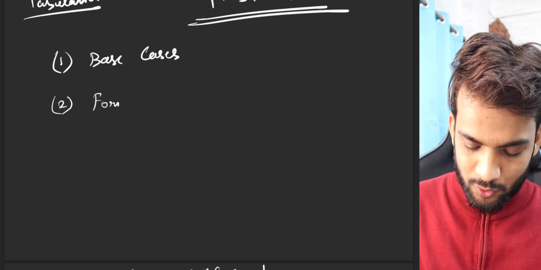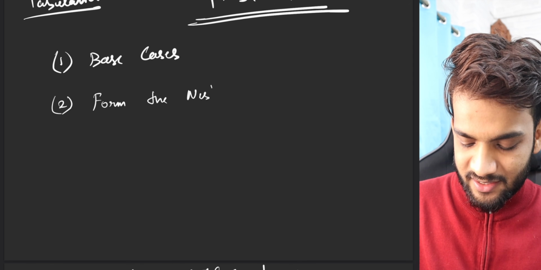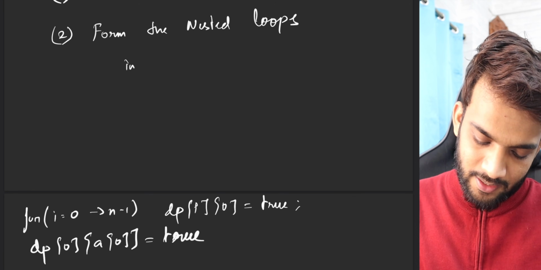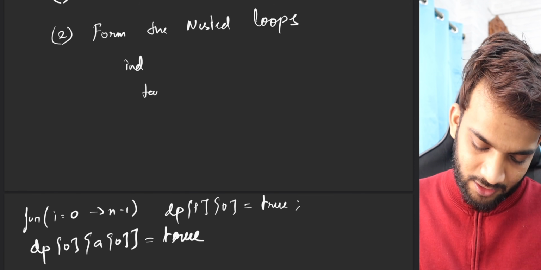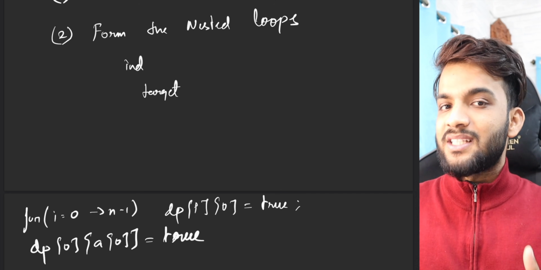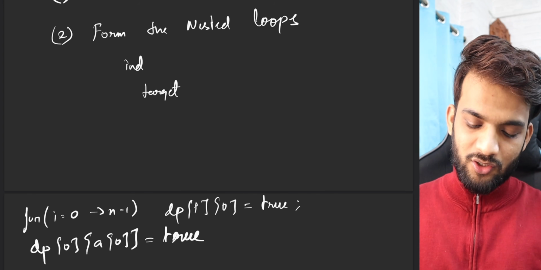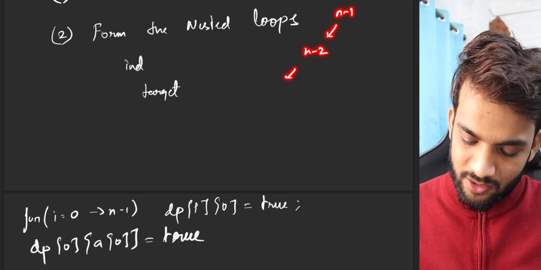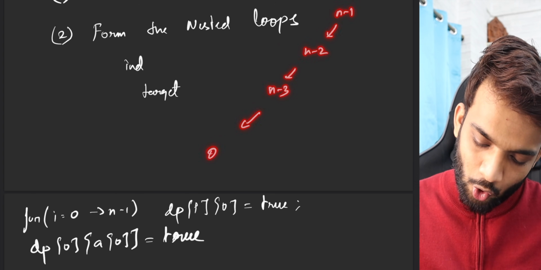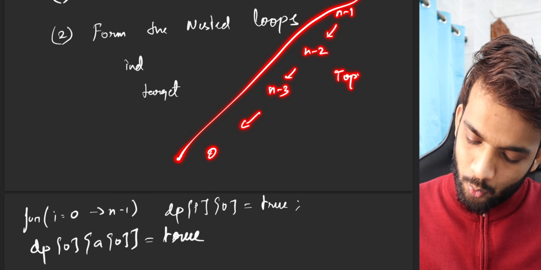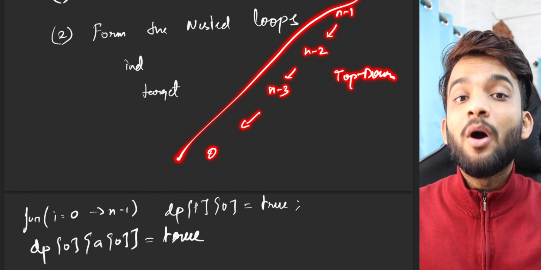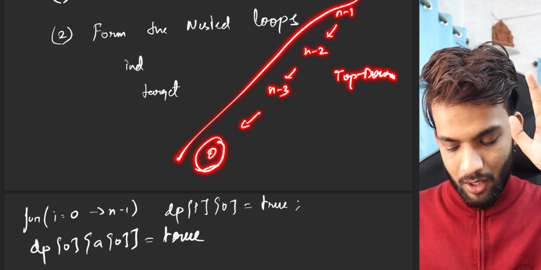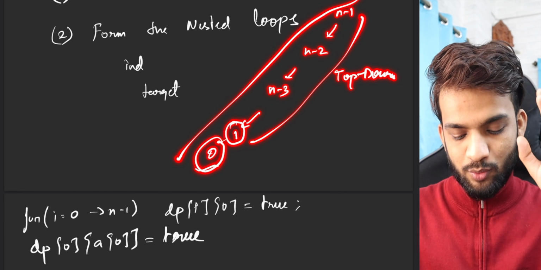Form the nested loops. How many states are there? 2 states. Index will be one, the other one will be target. Where does index start from? Go and look at the recurrence. In the recurrence, index was n-1, n-2, n-3 and so on till 0. Top down. What's bottom up? The opposite. 0 is already done, so 1 till n-1.